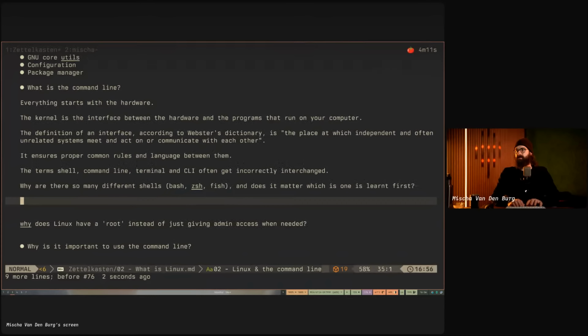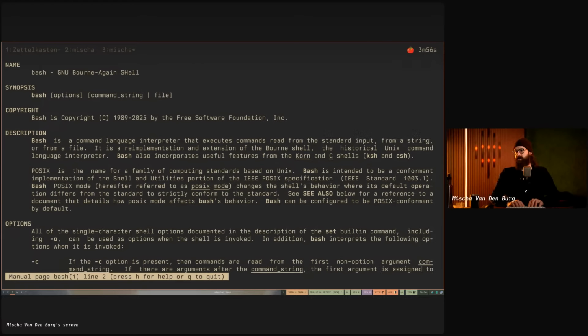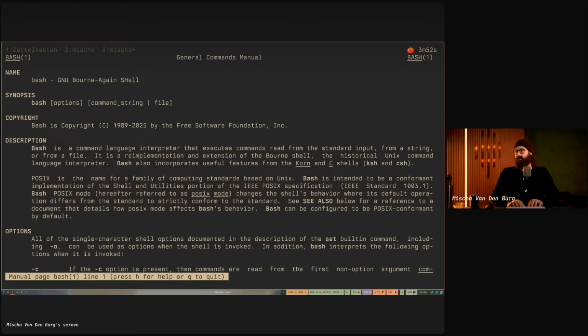So let's see if the man bash, the GNU Bourne Again shell, was created in 1989. At least that's when it was copyrighted. I think it is older than 89. I'm not sure actually. But it is just like anything else. It's just a command.